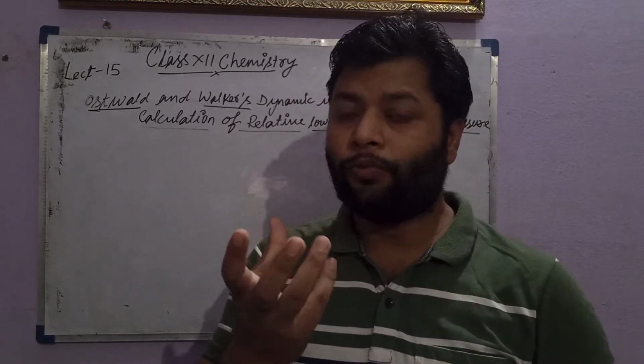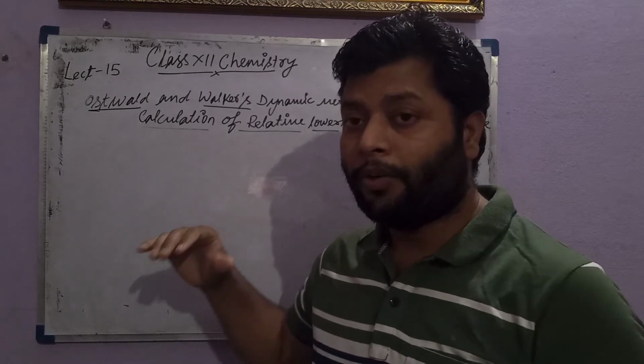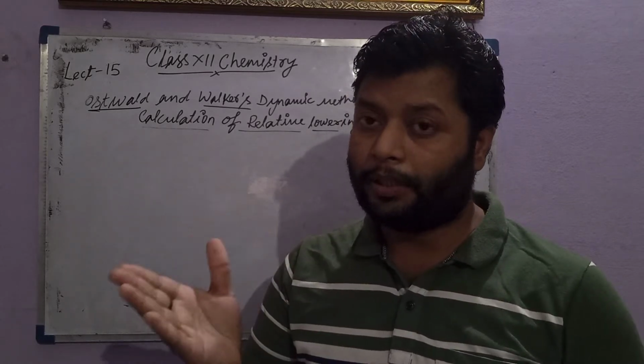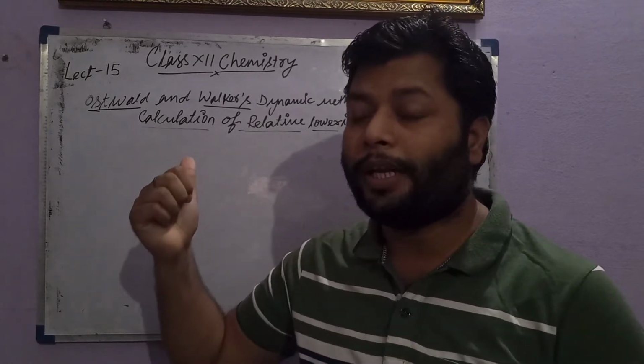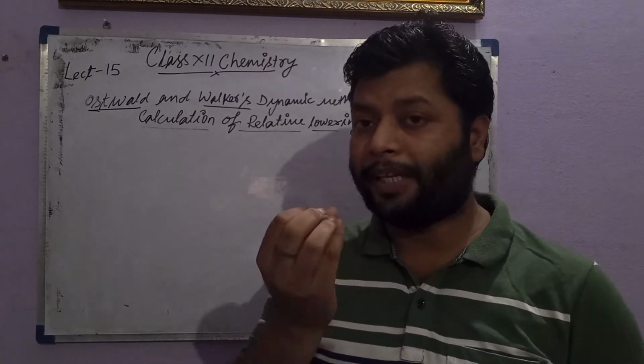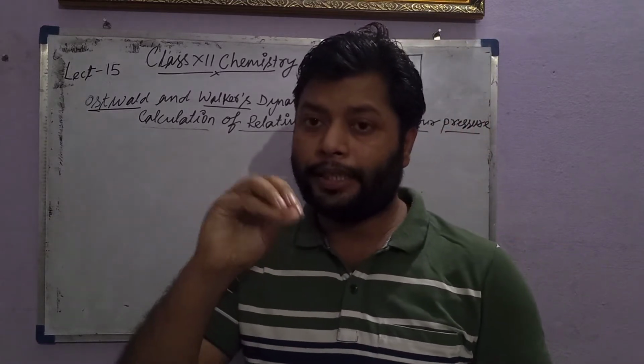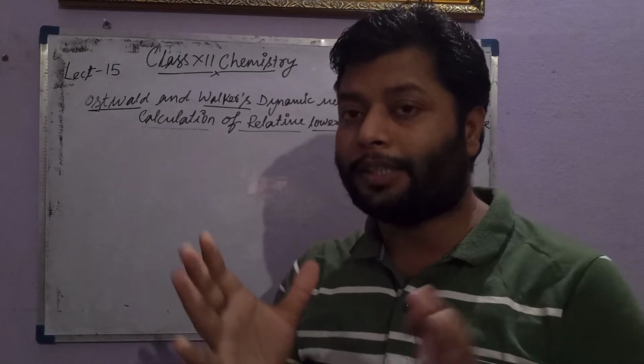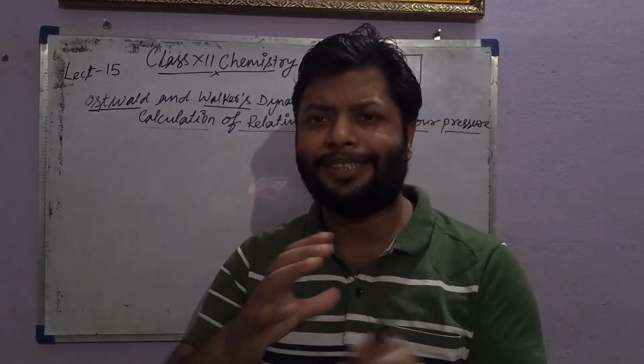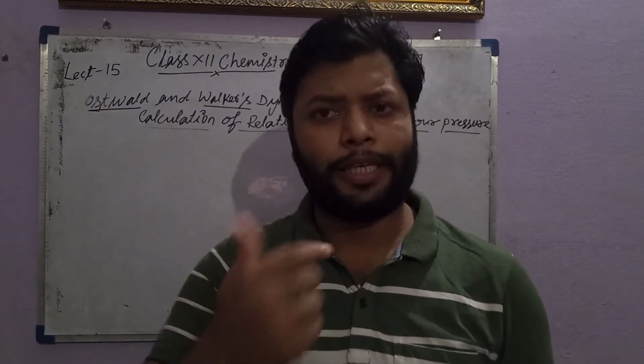So what is the weight loss in the different vessels? On the basis of that, he calculated the pressure decrease, the weight loss, and the relationship between them. All these things he calculated.